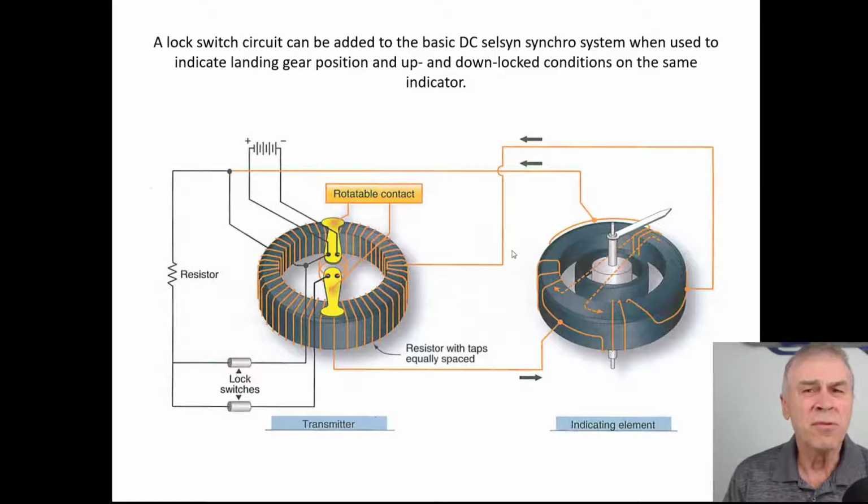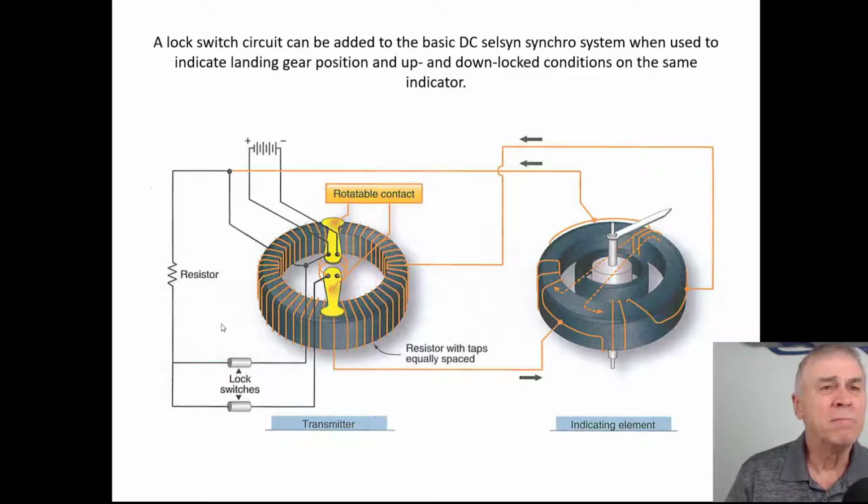This slide is to show the lock switch circuitry, which are over here on the side, or on the bottom left. Those can be added to the basic DC Selsyn synchro system when used to indicate landing gear position up and down lock conditions on the same indicator.